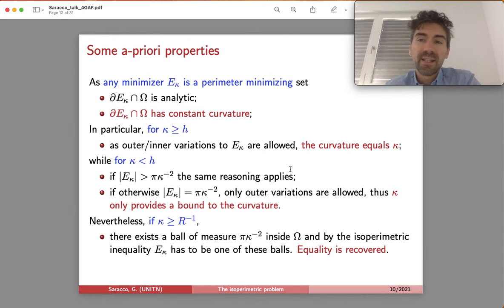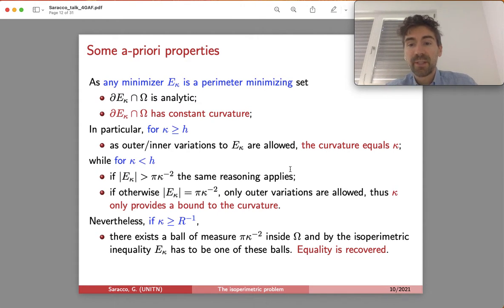The good thing is that when you require kappa to be bounded from below by the curvature of the greatest ball contained in omega, then you know there exists a ball of curvature kappa inside omega, whose volume is clearly pi over kappa squared, and you can compare the energy of E against the energy of this ball.